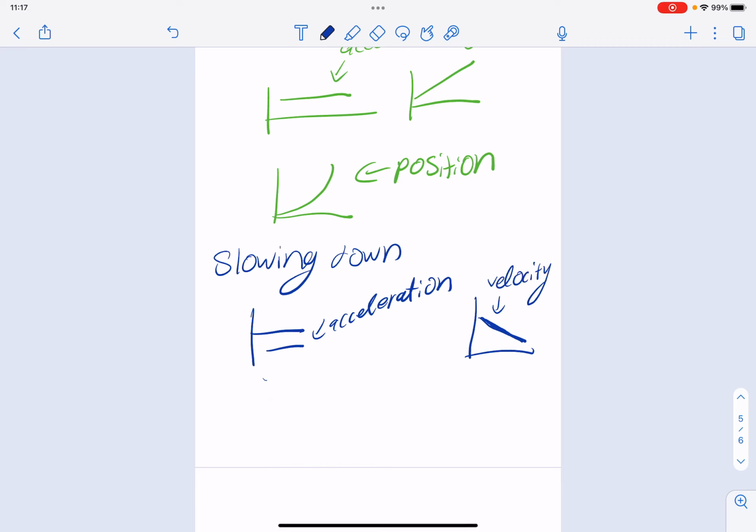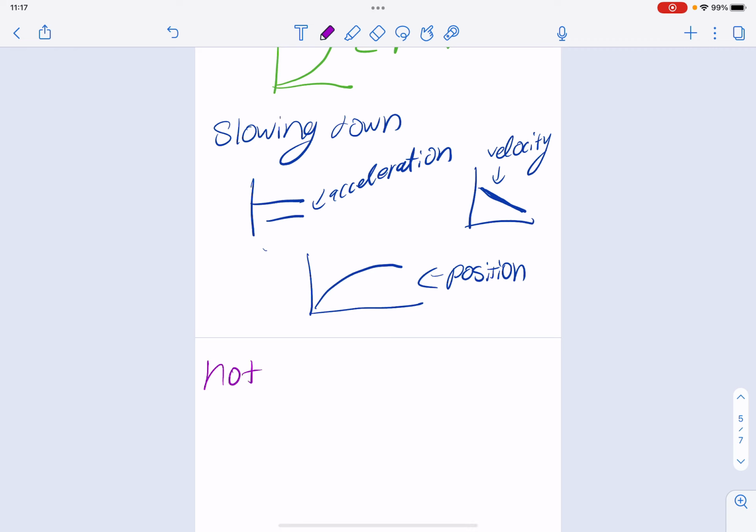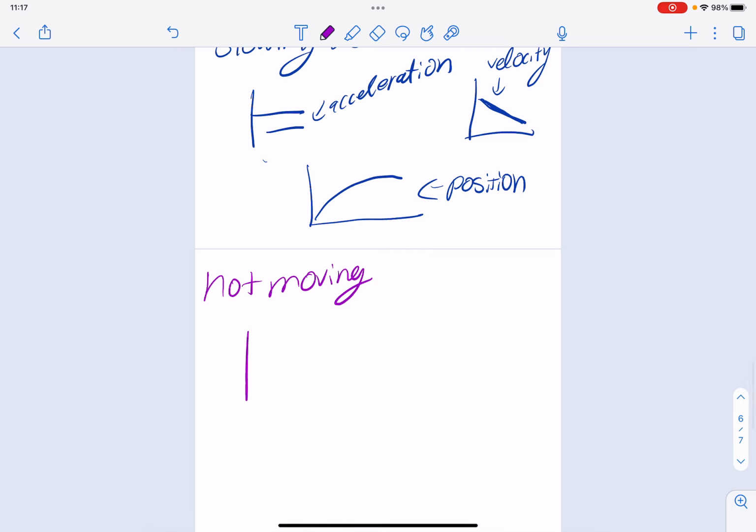And we would have a position that instead of being exponential would be logarithmic, because it's flattening out. It's slowing down. It's getting to a constant position. This would be our position graph. Now for something that's not moving, our acceleration would be 0.